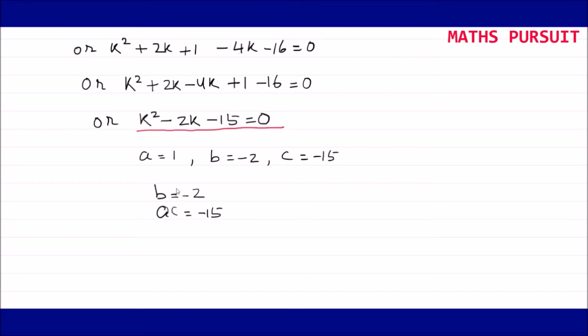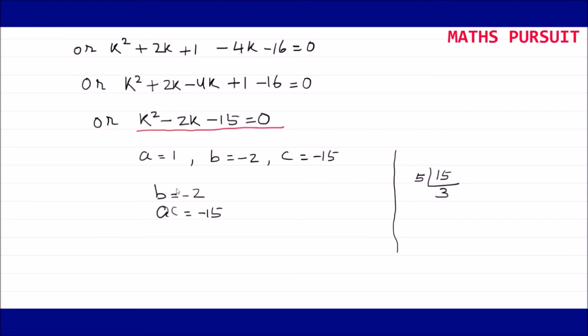For that, let me calculate separately: let us take 15, not minus 15 here, and find the factors. 5 times 3 is 15. If I add 5 and 3, I get 8, so this is not the solution. If I take 5 minus 3, I get 2, which is again not the solution, because here it is minus 2. So ideally I should take minus 5 plus 3. Then I will get minus 2, and minus 5 into 3 gives minus 15. So that is our requirement.